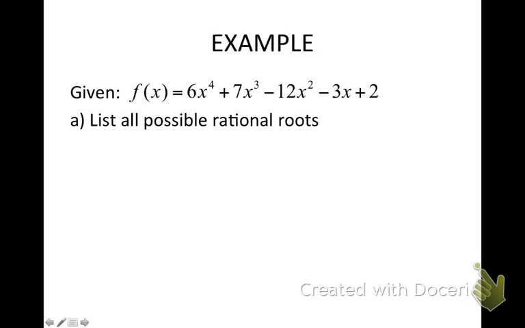We got f of x equals 6x to the fourth plus 7x to the third minus 12x squared minus 3x plus 2. So what we're looking for to list all the possible rational roots would be all the factors that make the form p over q, where p is your constant, q is your leading coefficient.